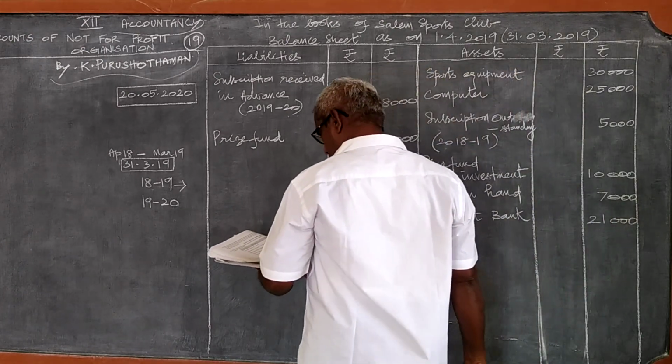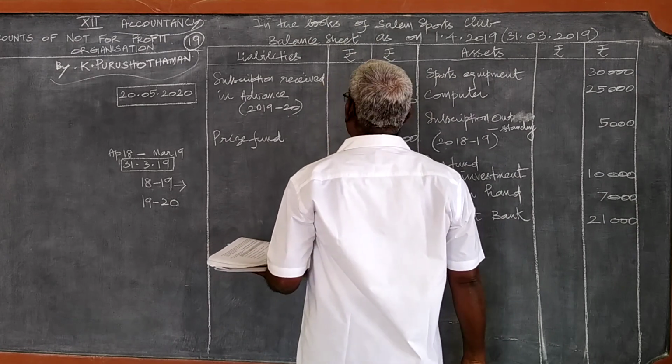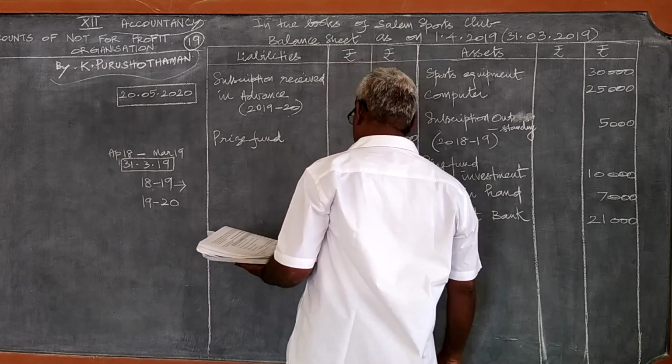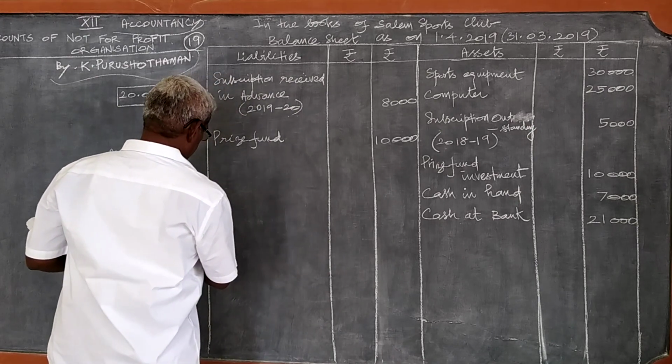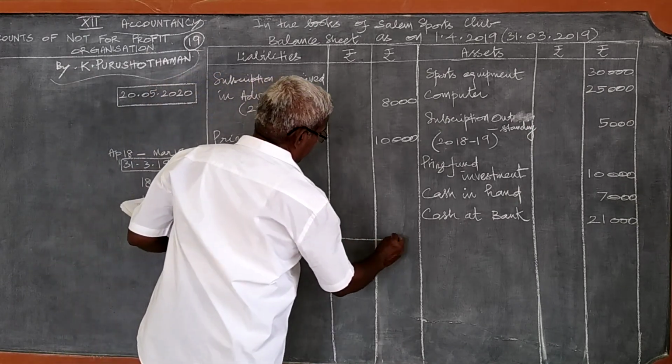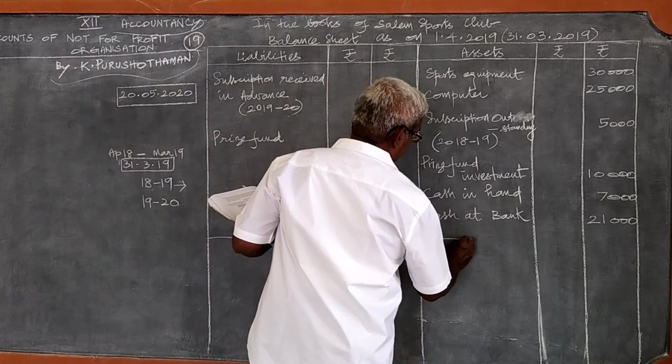Now we have attended all the items given in the book. Now we can close it and later we can write the balancing figure as the capital fund.